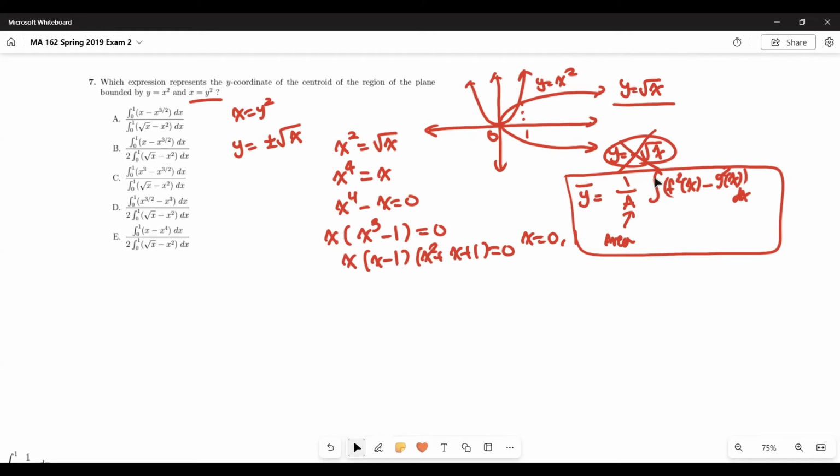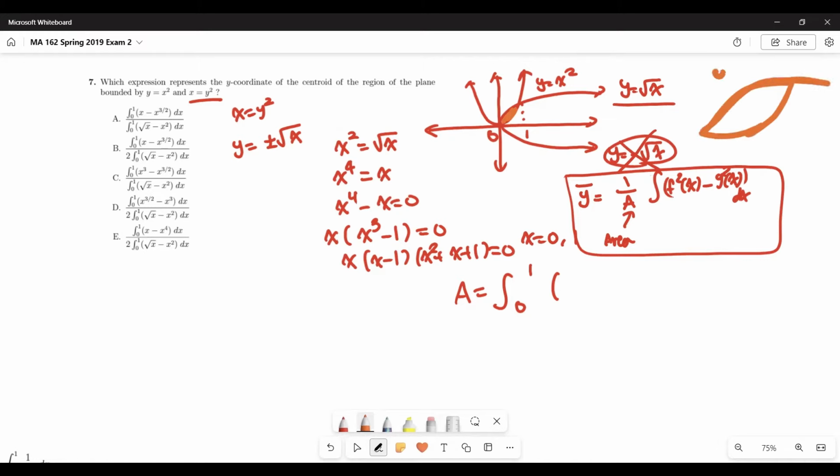So the area of the curve is from 0 to 1. It's the first region, so it's this area, right? Which we can just make bigger. This line is y equals square root of x, and this line is y equals x squared. When you find the area, it's always the big height minus the small height.